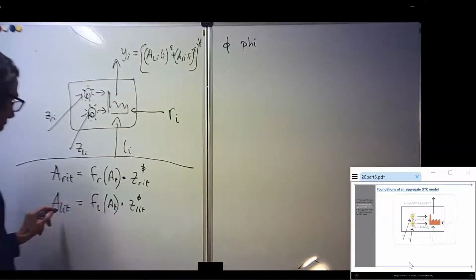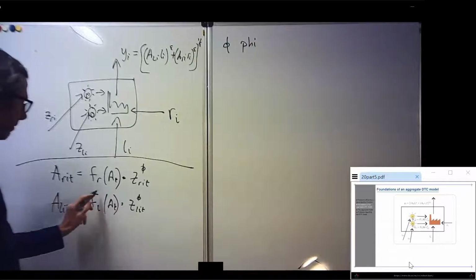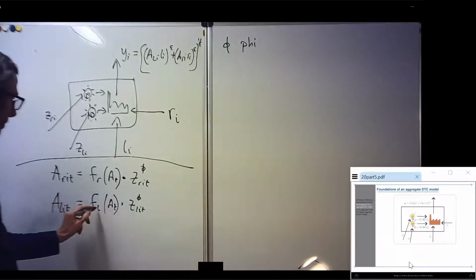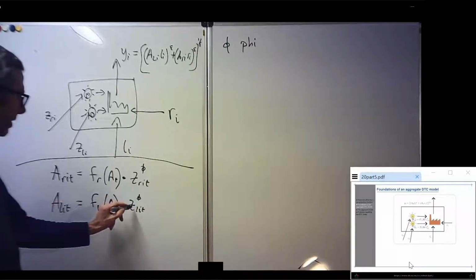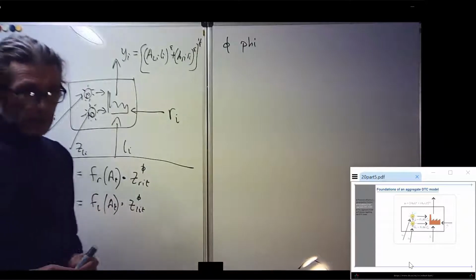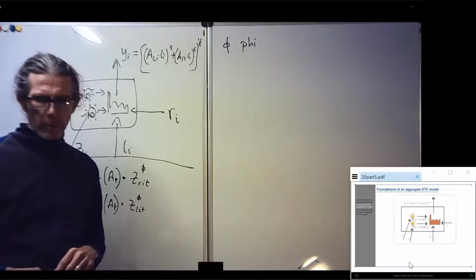And the function for ALIT is the same. It's based on the basic foundational knowledge relevant to the sector L, again, times ZLIT to the phi. Phi is less than 1, which is the stepping on toes thing, which we talked about before.